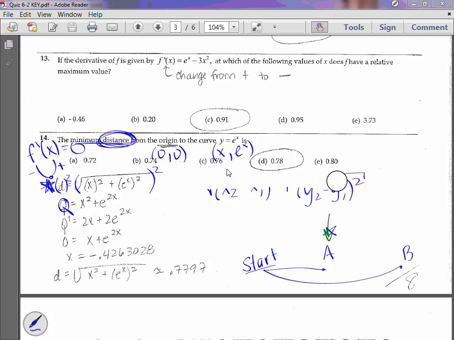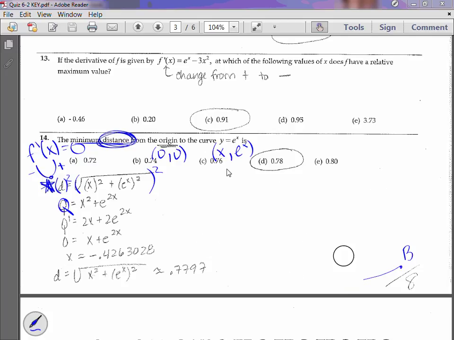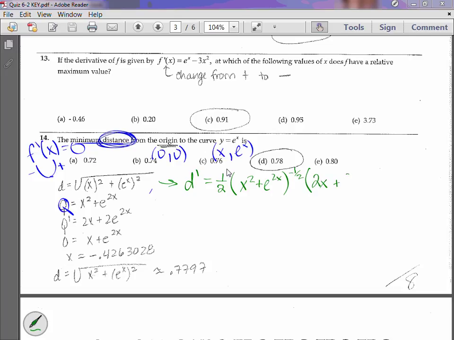Now the other approach you can take with this is taking your derivative just like normal. So let me erase this. Okay, so going from here, I can take my derivative like normal. The derivative of distance: we have 1/2, inside stays the same, reduce your power by 1, multiply by the derivative of the inside.